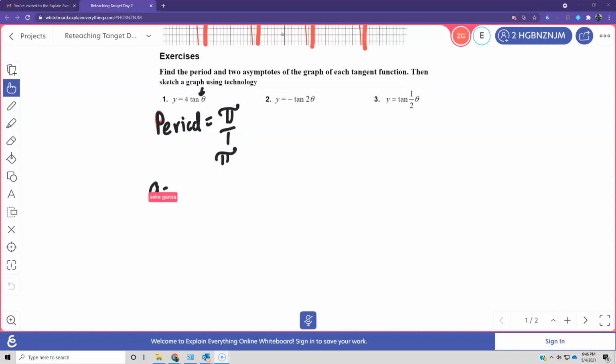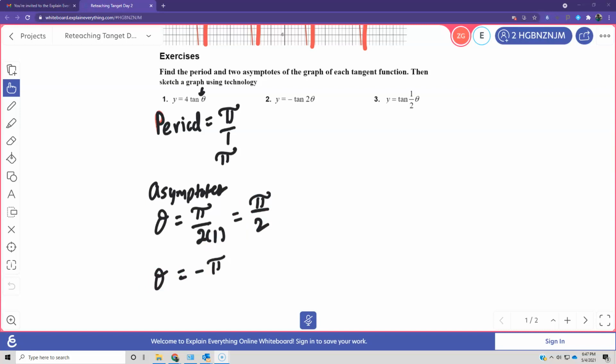I know that the asymptotes are going to be theta is equal to pi over 2 times b. This is the value b, so it's 1. So the asymptote is pi over 2, and the other asymptote is negative pi over 2 times 1, so it's negative pi over 2.